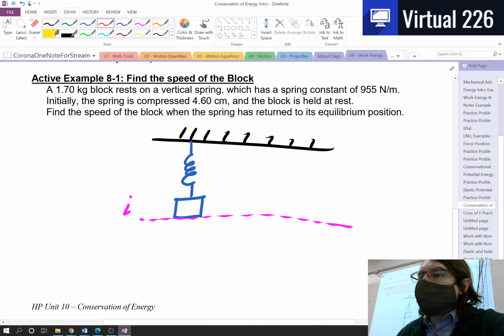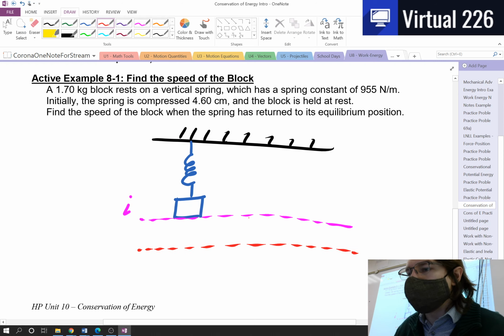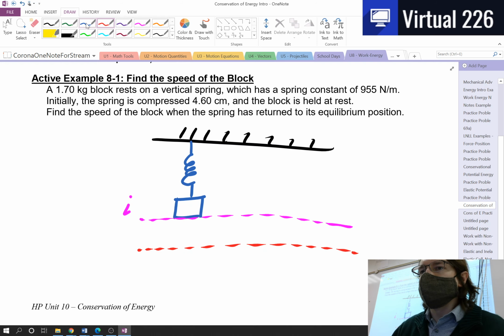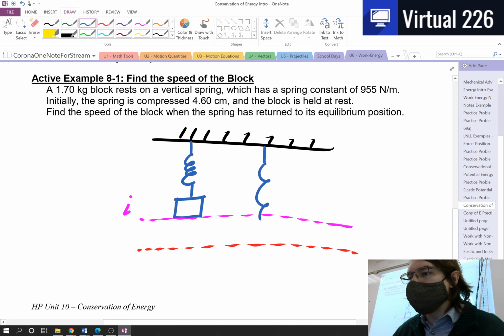Our block is going to be pushed down by the spring and pulled down due to gravity, and it's going to wind up down here. Okay? So that's our initial. On our final, the spring is going to be pulled out a little bit, and our block's going to be down here.